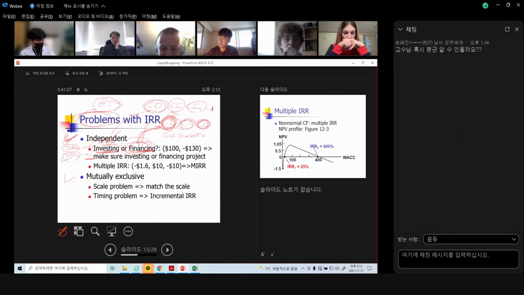So if you want to use the IRR, you should recognize whether a project is investing or financing, that is, how the cash flow stream happens: cash outflow then cash inflow, or cash inflow then cash outflow. That's the first problem when we use the IRR if the project is independent. So you should make sure.